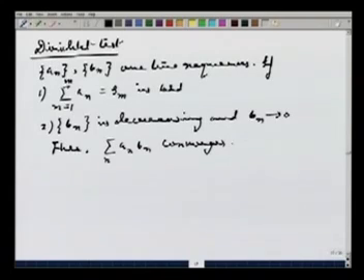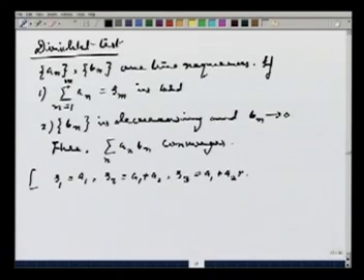Let's elaborate a bit on condition 1. What we mean is, you look at S1, which is just a1, then you look at S2, which is a1 plus a2, then you look at S3, that is a1 plus a2 plus a3, and so on, so that Sn equals a1 plus a2 up to an. Look at these numbers. Then these partial sums are bounded.